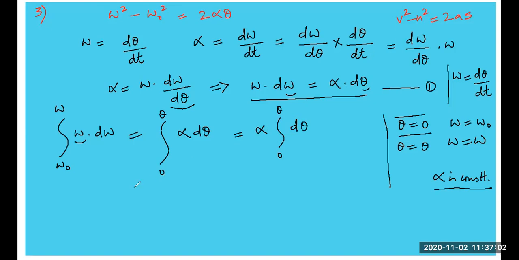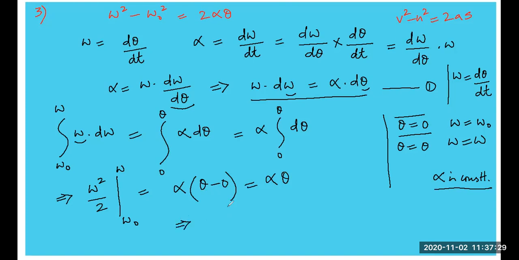Very right. And now students, on the left side, what is this? Omega d omega. So this will be, can anyone say? This will be omega square by 2, and the limits are omega naught to omega, is equal to alpha into theta minus 0. So obviously that will be equal to alpha theta.